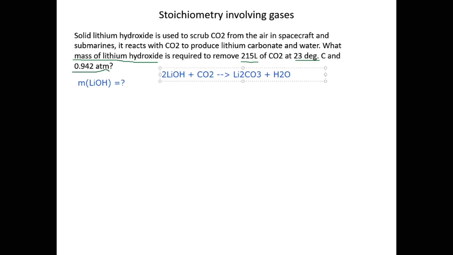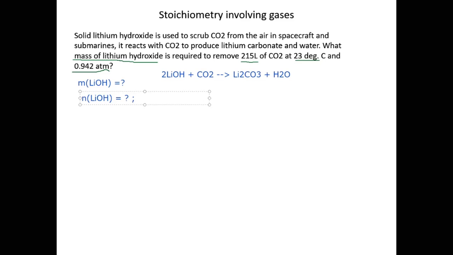And so now we need to somehow get mass. When we use stoichiometry, the way we find mass is if we know the moles of lithium hydroxide. But we don't know the moles of lithium hydroxide.